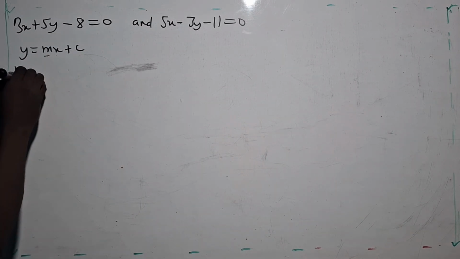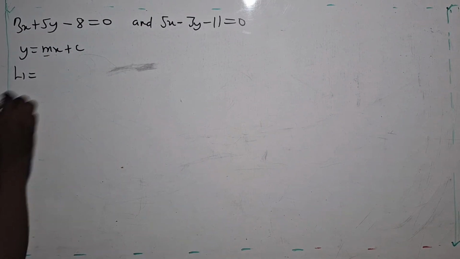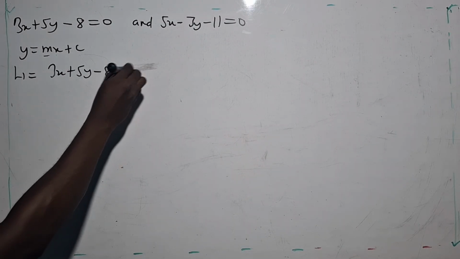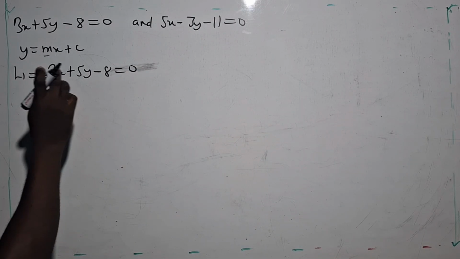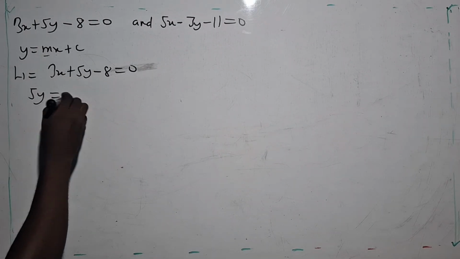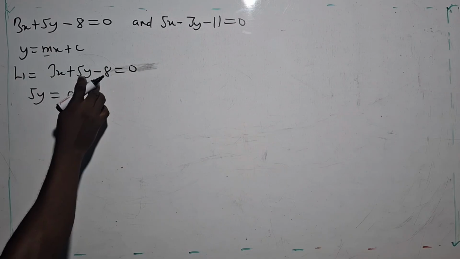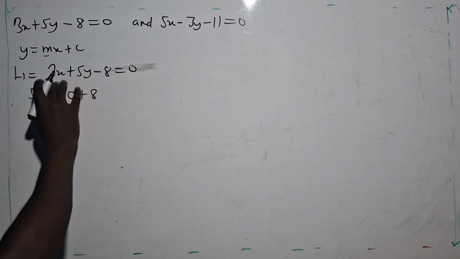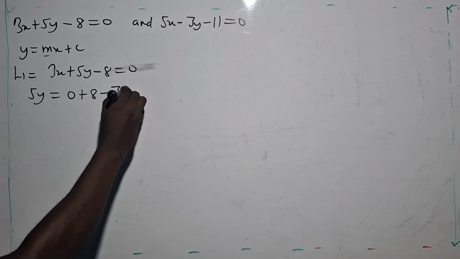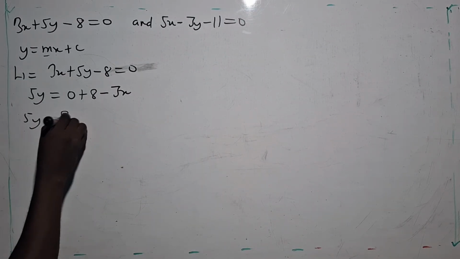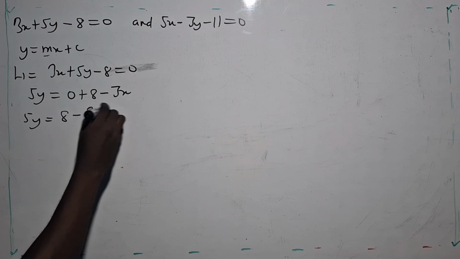So line 1, the first line: 3x plus 5y minus 8 is equal to 0. Since we are making y the subject, I'll leave the 5y here. So 5y is equal to 0 plus 8, and the 3x coming over will be minus 3x. So 5y will be equal to 8 minus 3x.